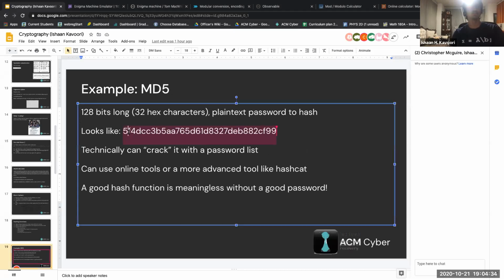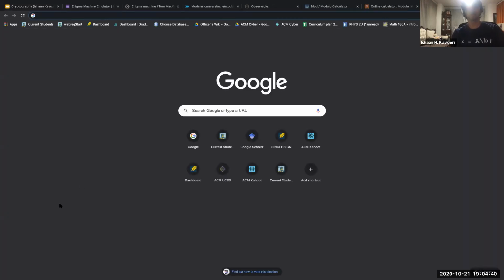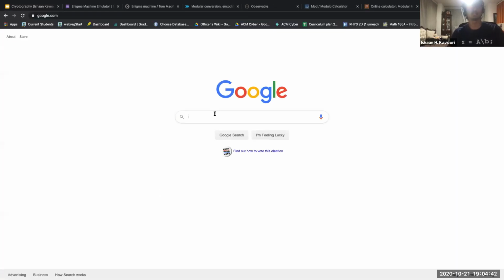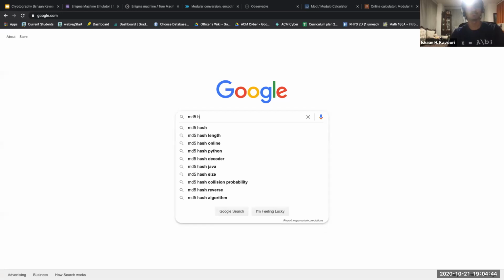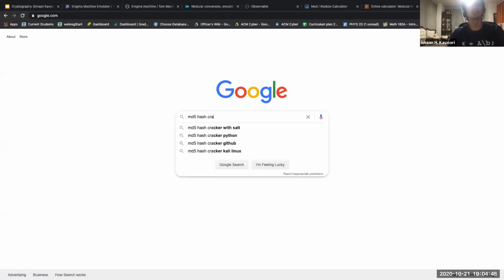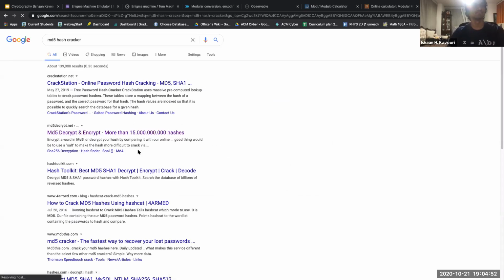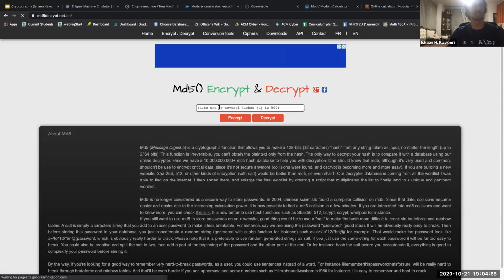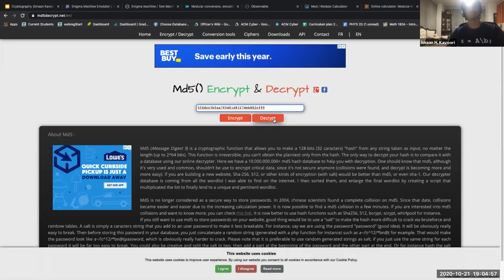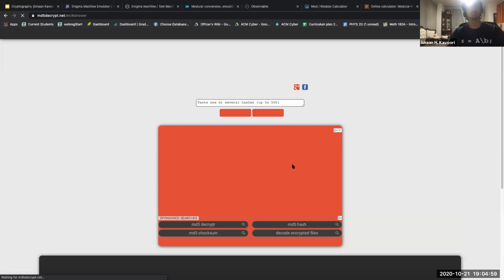Next, I think this one over here should be easily decipherable. If you just Google MD5 hash cracker, you paste that in and you decrypt it.